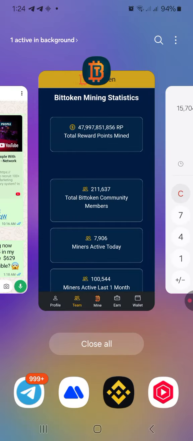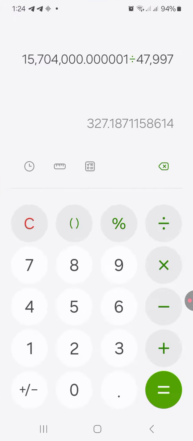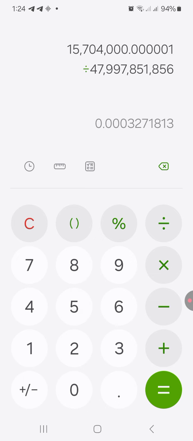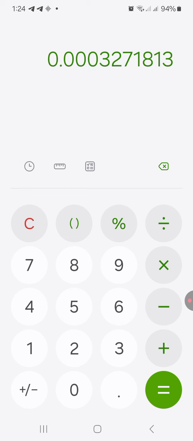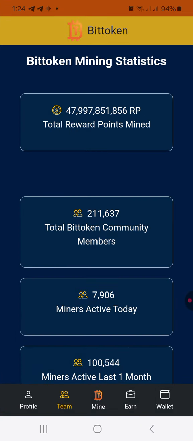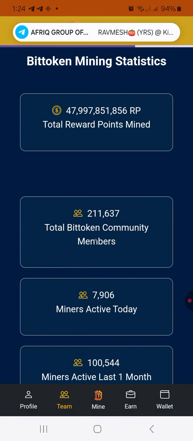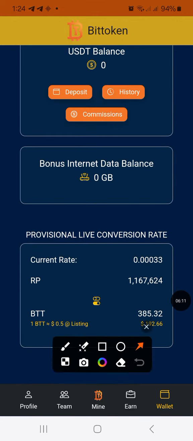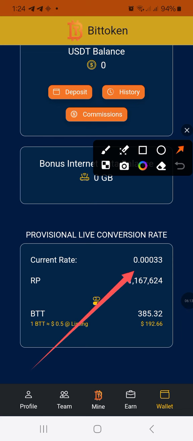So this would be the current rate. It would be 0.00, and you round up, 0.003. So if you go back to the wallet and you look here, you will see the current rate is 0.003.